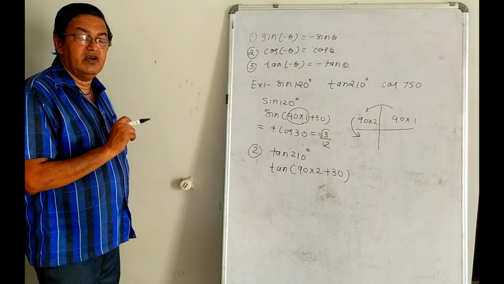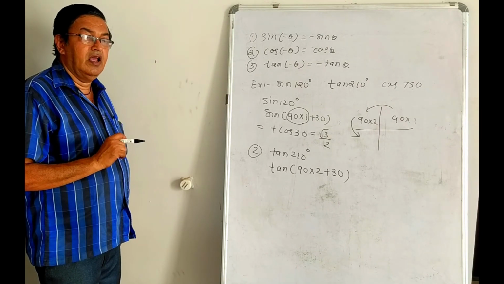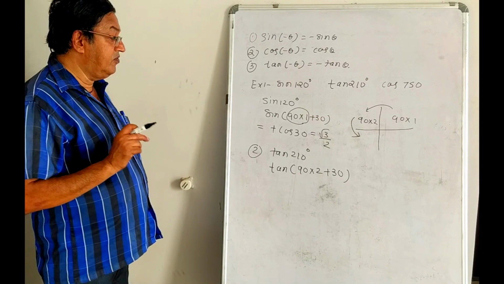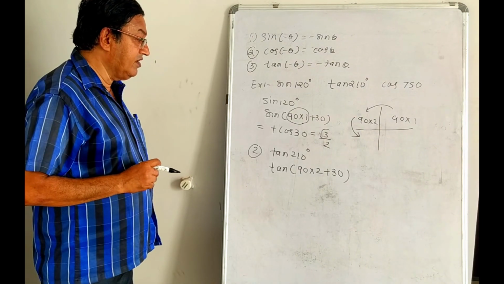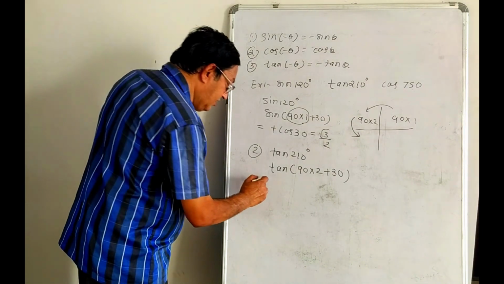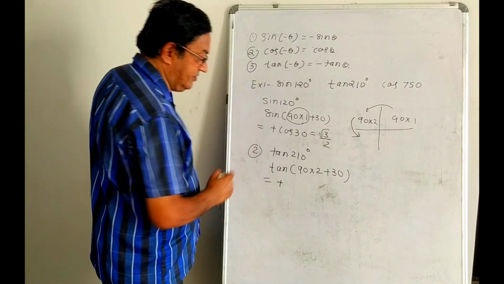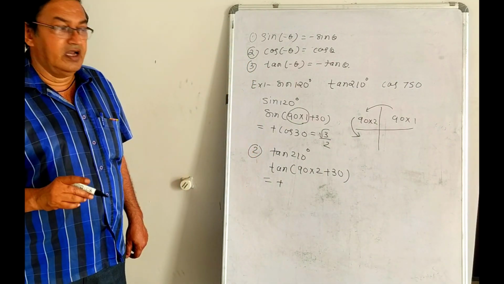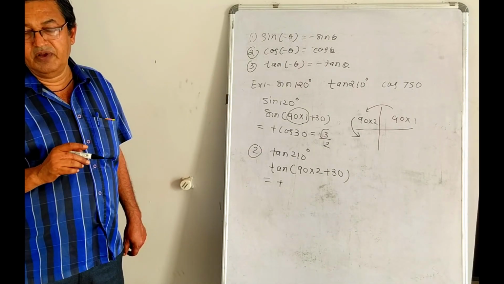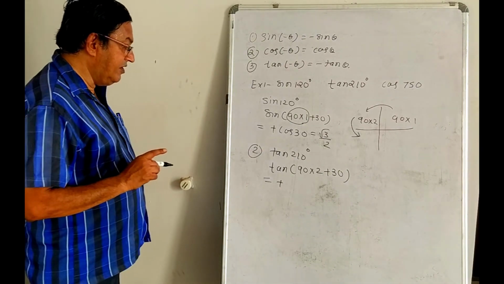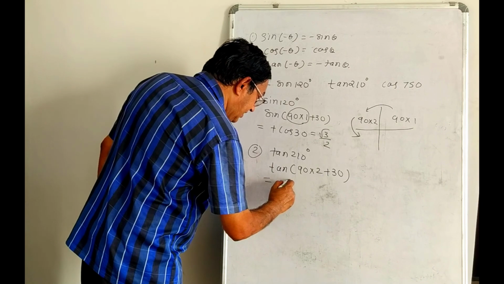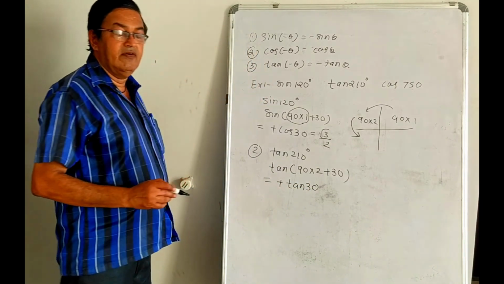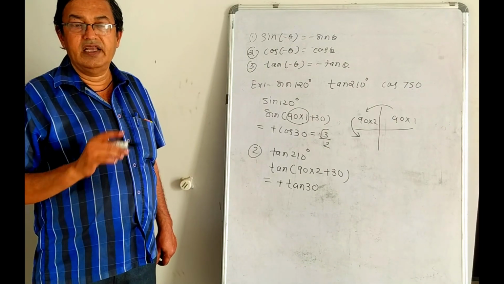Now which functions are positive in third quadrant? ASTC rule. T is tan. Tan is positive in third quadrant. Here the function is tan, so this will be plus. 90 into 2 plus 30 comes in third quadrant, it is plus. Now 2 is an even multiple, so tan remains tan. So this will be tan 30. Tan 30 is nothing but sine 30 divided by cos 30. Sine 30 is how much?